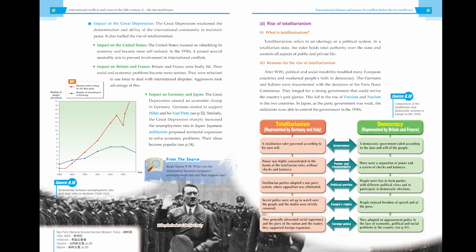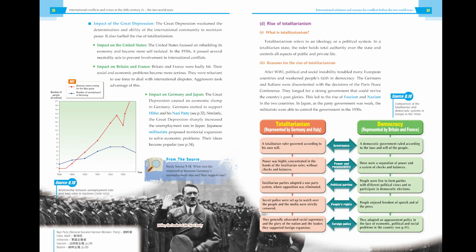Political parties. Totalitarian parties adopted a one-party system where opposition was eliminated. In democracy, people were free to form parties with different political views and to participate in democratic elections. People's rights. In totalitarianism, secret police were set up to watch over the people and the media were strictly censored.